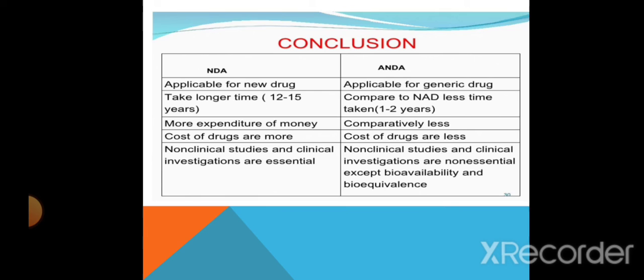Several times the tests are done. The manpower and utilities required over 12 to 15 years is a very big time. Thus it is cost consuming. Comparatively, generic drugs or ANDA are very much less.